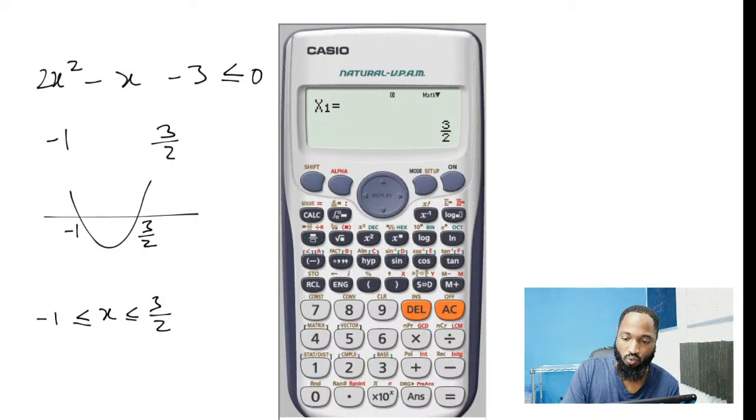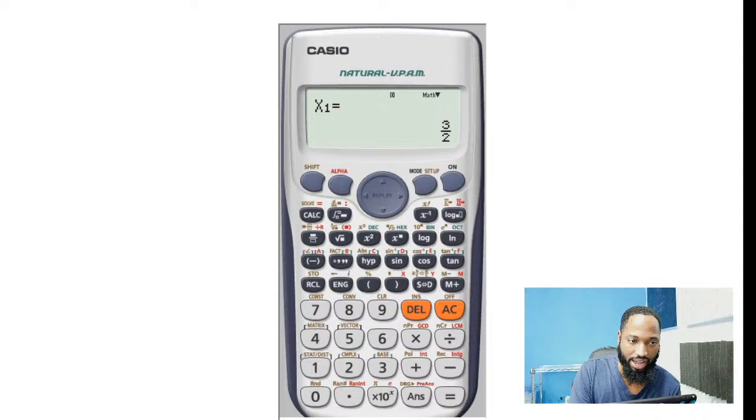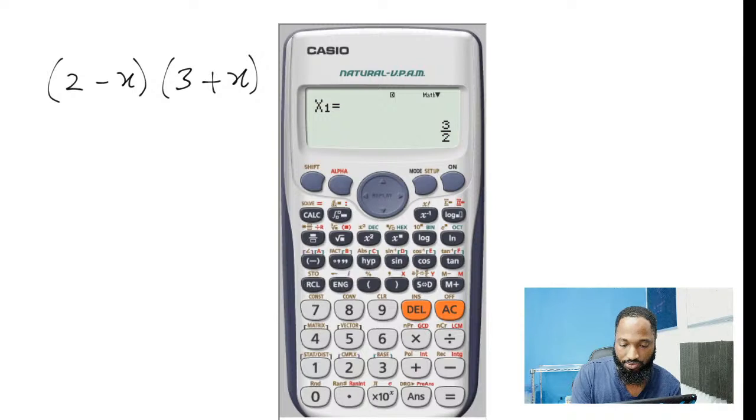Let's just look at one more example. I'm just making the quadratic here, pay no attention to this. 3 plus x, let's see, we had something like that. 6, minus x, minus x squared.